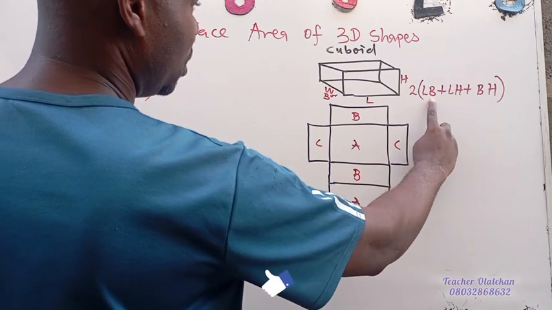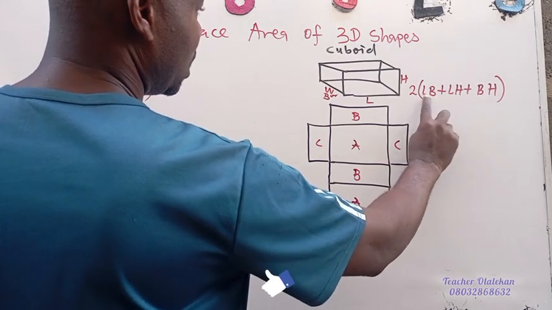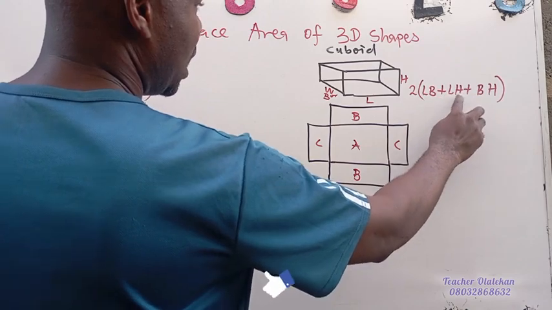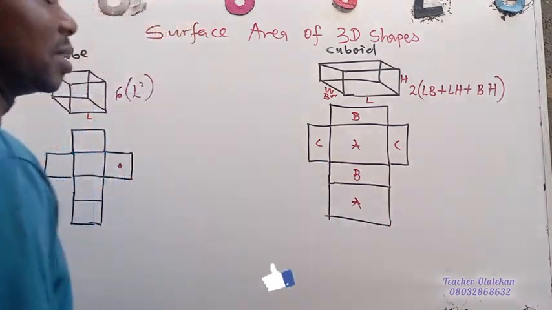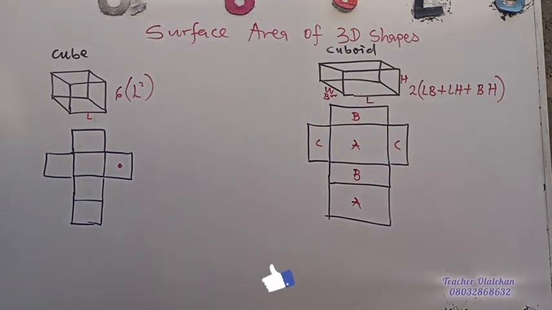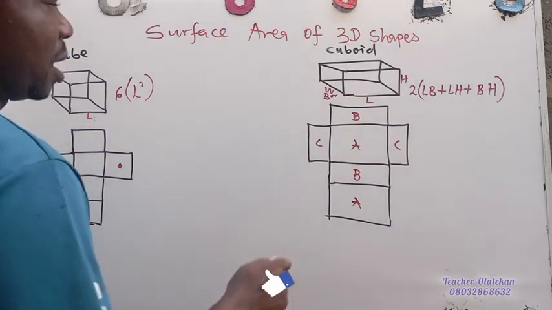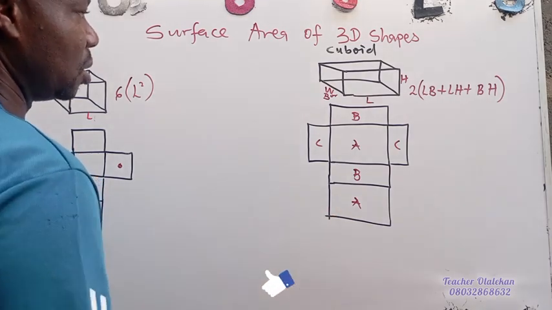So in your formula, breadth is expected to come twice, length is expected to be paired twice, and height is expected to be paired twice. That's the logic for the formula, so you do not need to crack your head over it. Just know that it has 6 faces, and the area of a face multiplied by 2 gives you the answer.